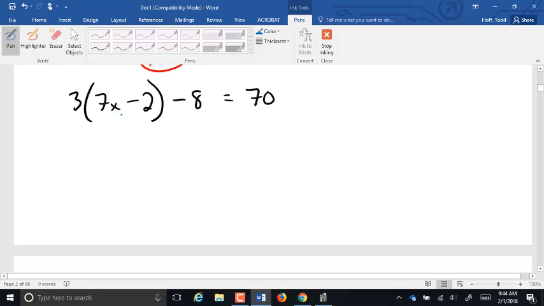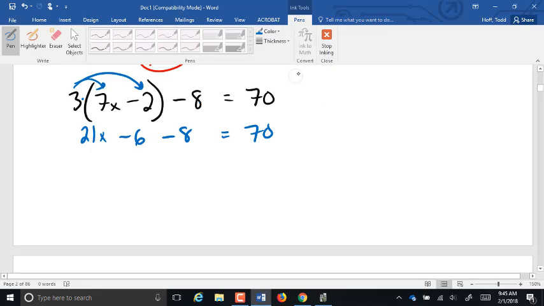So we see the parentheses. Is there anything to do inside the parentheses? No. So we're going to multiply times the 3. 3 times 7x, 21x, good. 3 times negative 2, negative 6. Now we can't forget we've got that negative 8 over there yet.